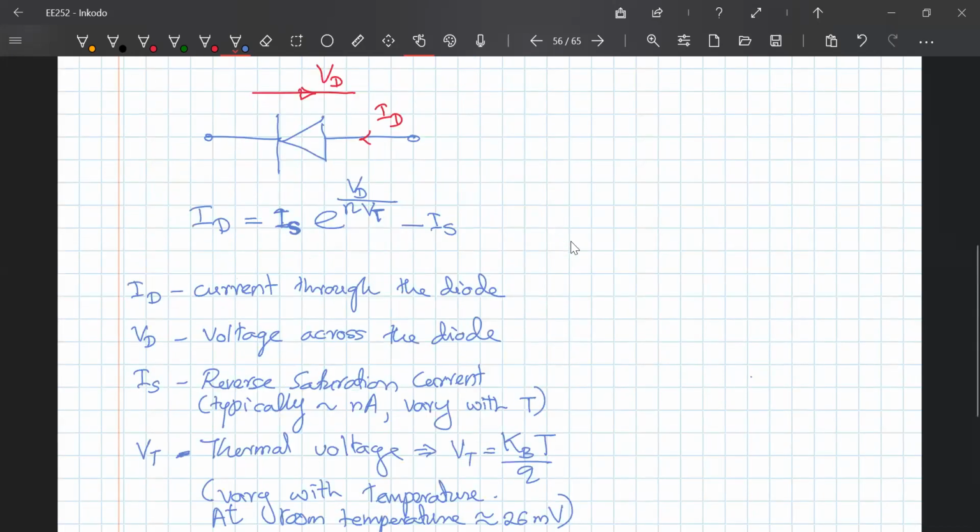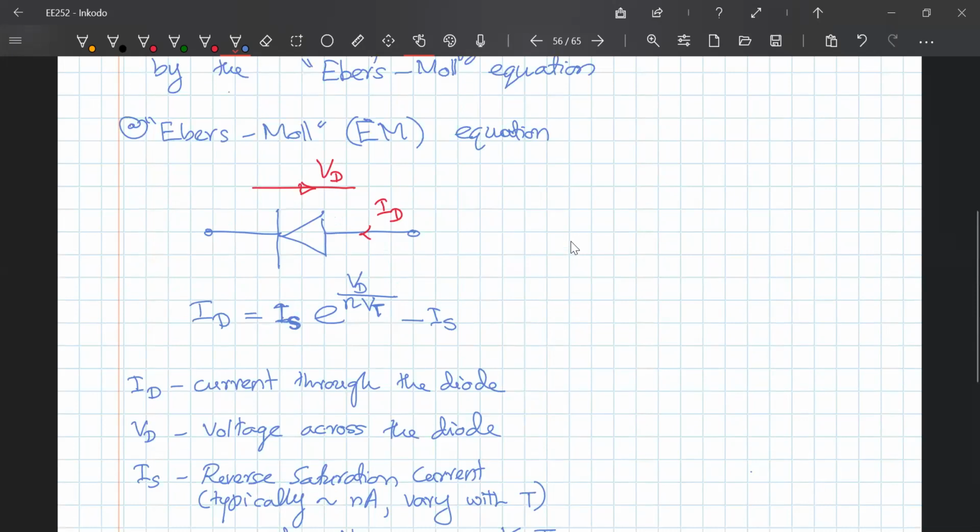So if you try to draw a picture of the relationship, that is ID versus VD. So this is ID, this is VD. You will see, let's say, if you have very small VDs, in other words, negative VDs, in this region, what will happen?